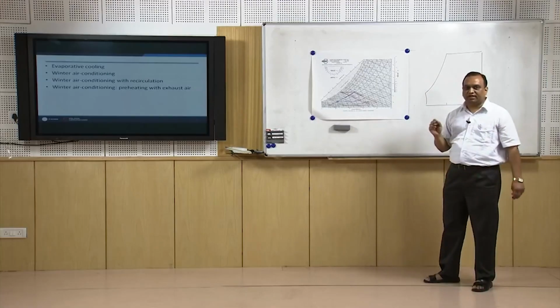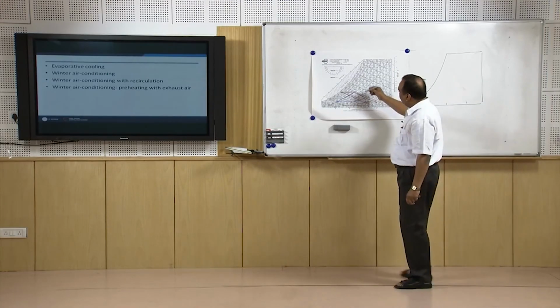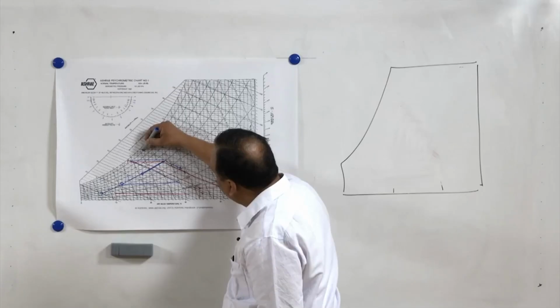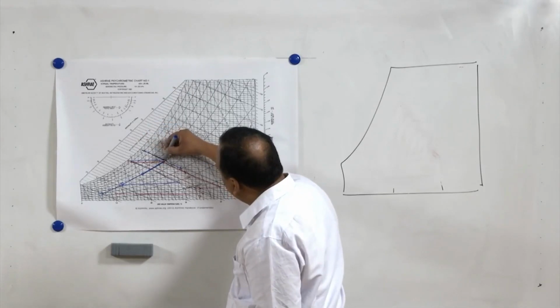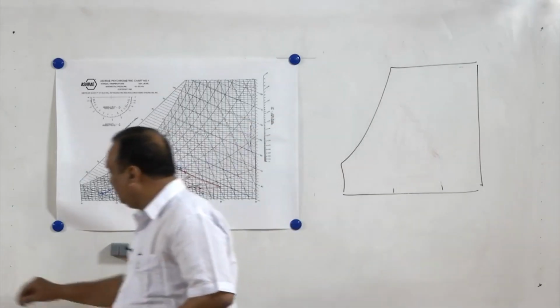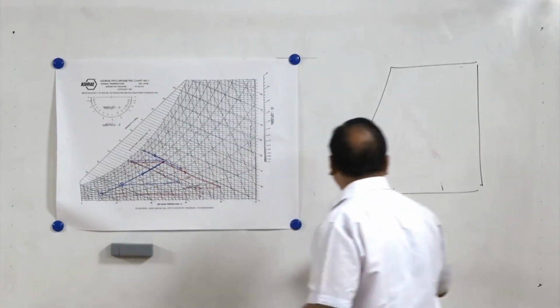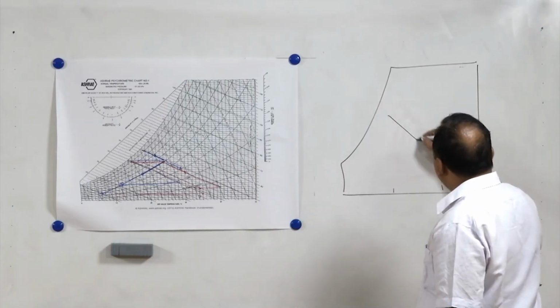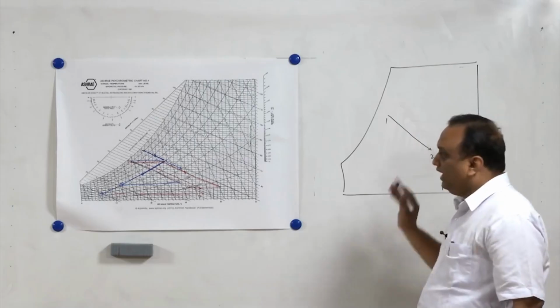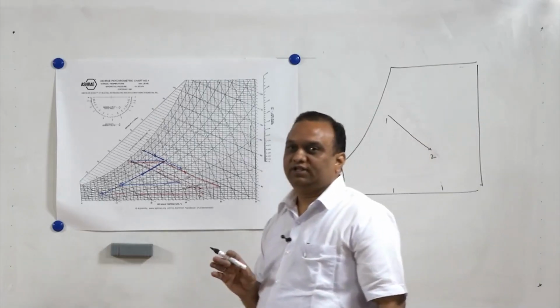So such type of air supply is also not recommended. So if I want to reduce very high humidity, then this adiabatic dehumidification process can be adopted. And in the psychrometric diagram, it can be shown like this, following the constant wet bulb temperature line.